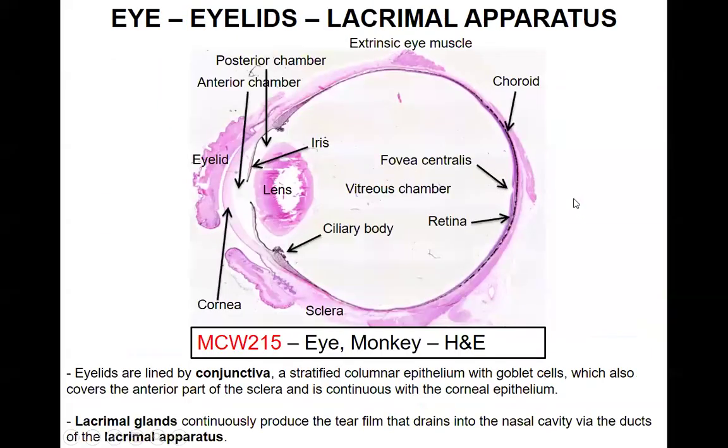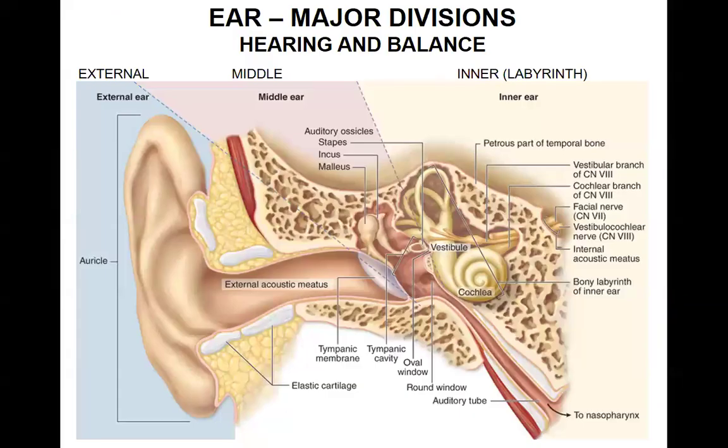But let's go fast to the ear. This is a very nice drawing, and it shows you how it is organized. All the action is present in the inner ear, and in fact in two parts of the inner ear.